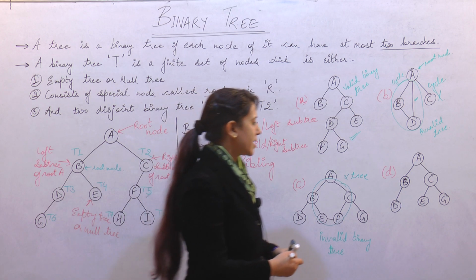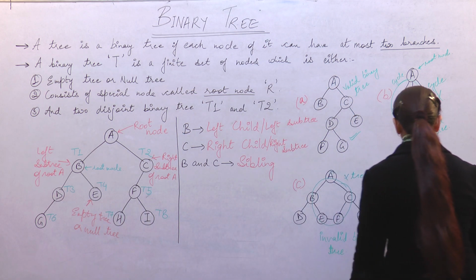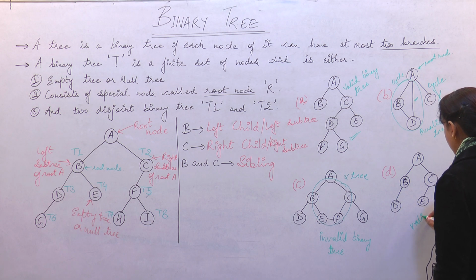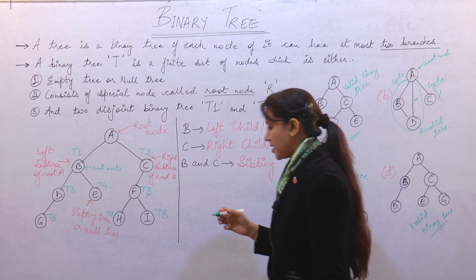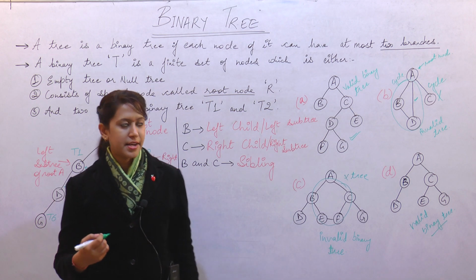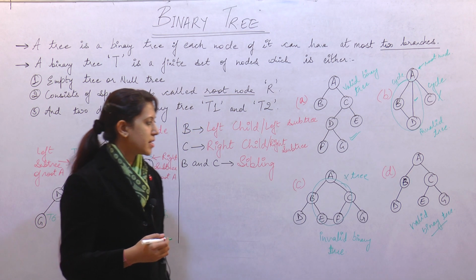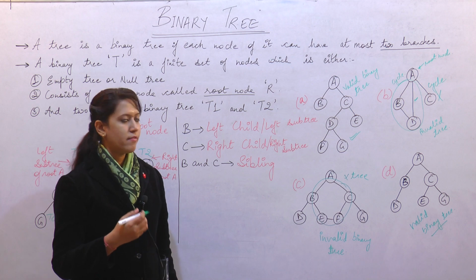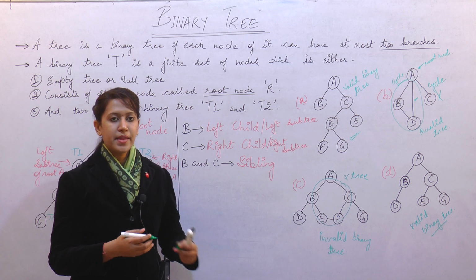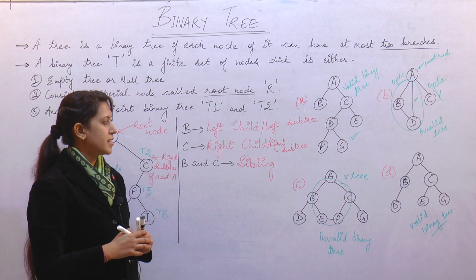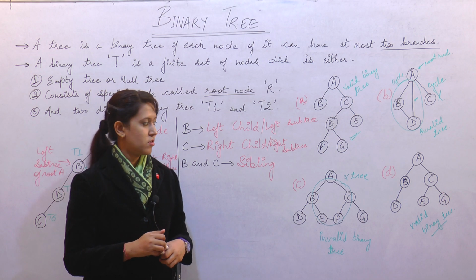So it will become a valid binary tree. So these 4 examples give us the main idea about the properties of a binary tree, or how we can classify whether any tree is a binary tree or not.